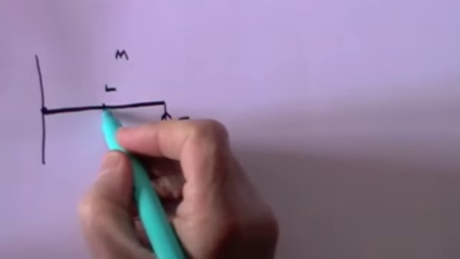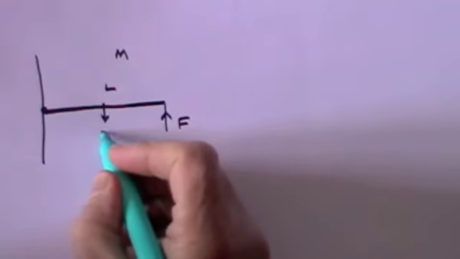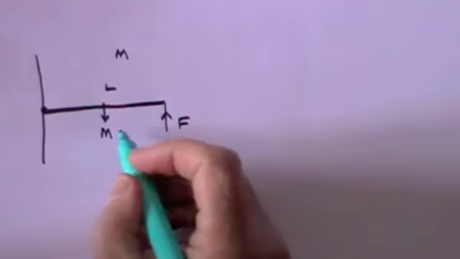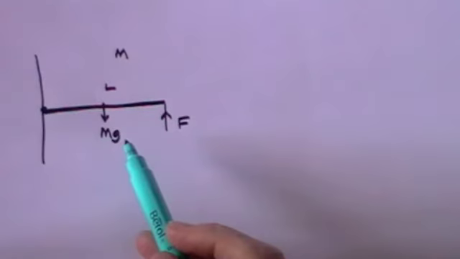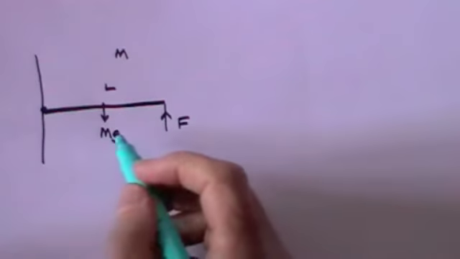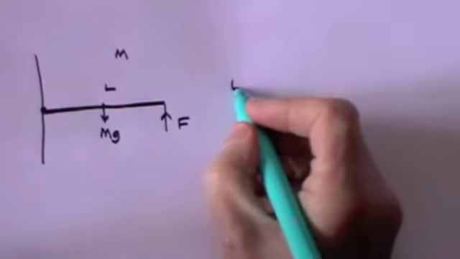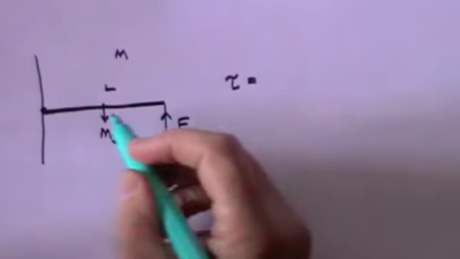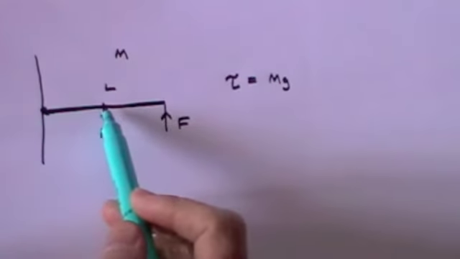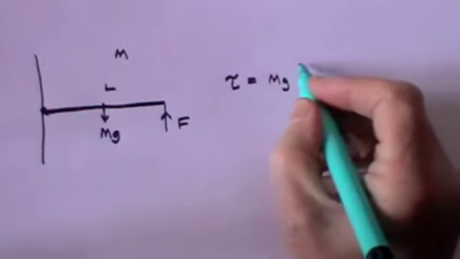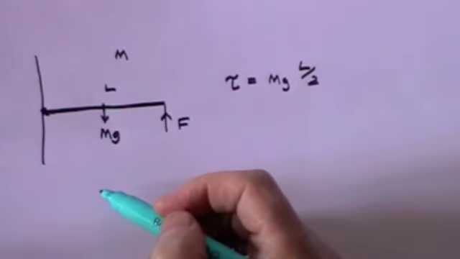And there's a force, which is the mass of the rod times g, the gravitational attraction, and the torque, therefore, is going to be Mg, the force, times the distance, and the distance is the distance from the pivot, which is L/2.